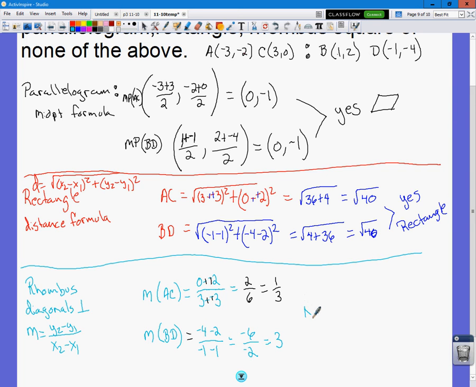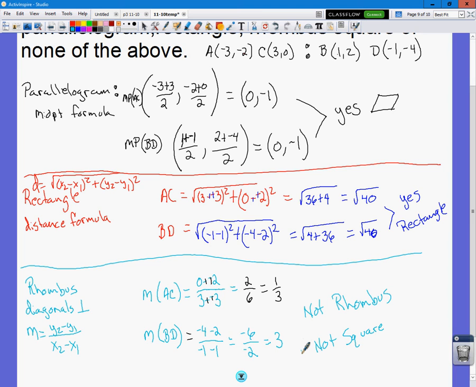No. It is not a rhombus then. If it's not a rhombus, it's not a square. If this had come up to a negative 3, it would have been a rectangle and a rhombus, which would have forced it to also be a square.